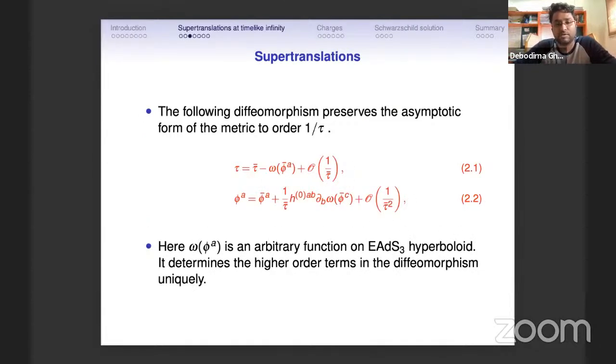The following diffeomorphism preserves the asymptotic form of the metric to order 1 over tau, where the tau bar and phi bar coordinates are transformed to tau and phi^A. Here phi^A collectively denotes the rho, theta, and phi coordinates. These are transformed by an arbitrary function on the Euclidean AdS-3 hyperboloid, omega, which is a function of phi bar^A, the rho, theta, phi coordinates. This arbitrary function determines the higher order terms in the diffeomorphism uniquely.